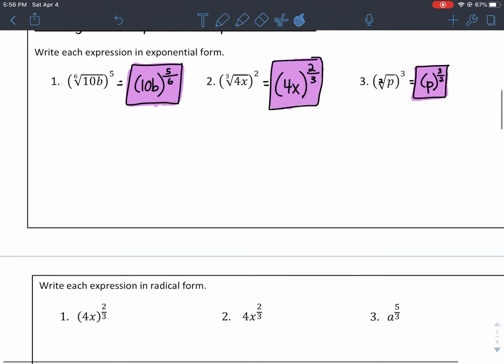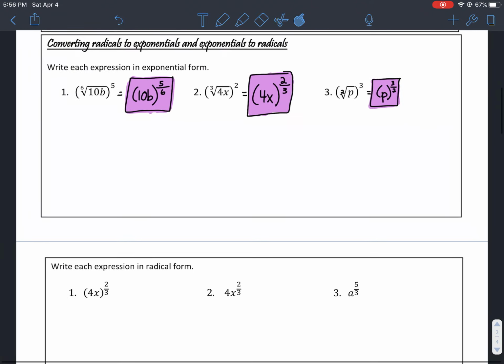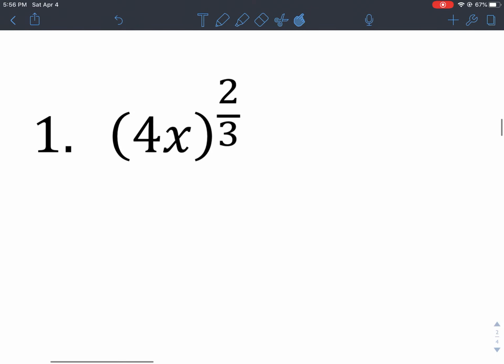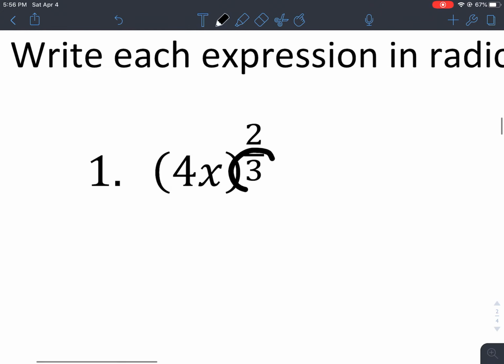And then last section here, now we're going to go the other way around. Now we're going to have an exponential, and we're going to change it to a radical. So I have this exponential expression here, and now I want to rewrite it as a radical. So the first thing we remember is this denominator right here is the index of the radical.